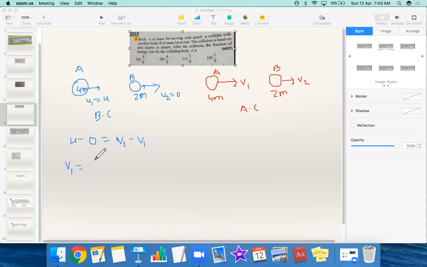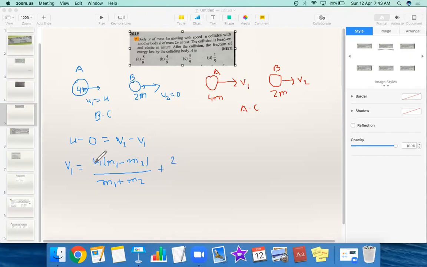Okay, and I also told you if I want to calculate v1, then v1 is equal to u1 times (m1 minus m2) divided by (m1 plus m2), plus 2 u2 times m2 divided by (m1 plus m2).